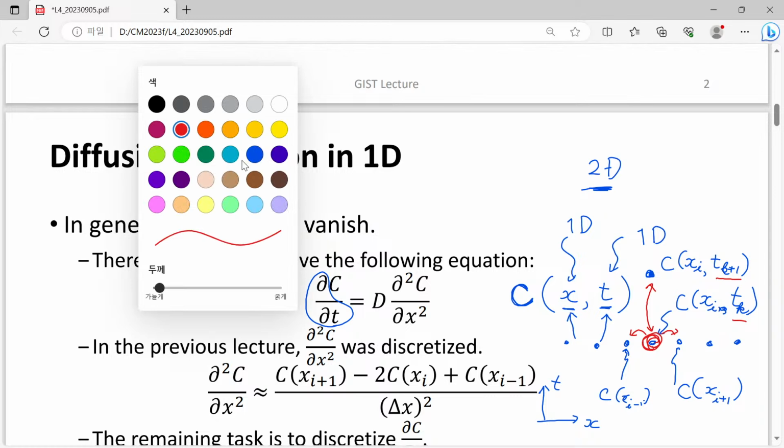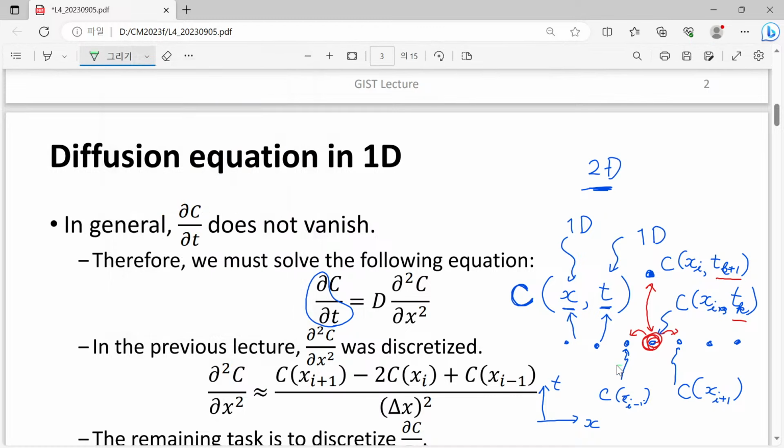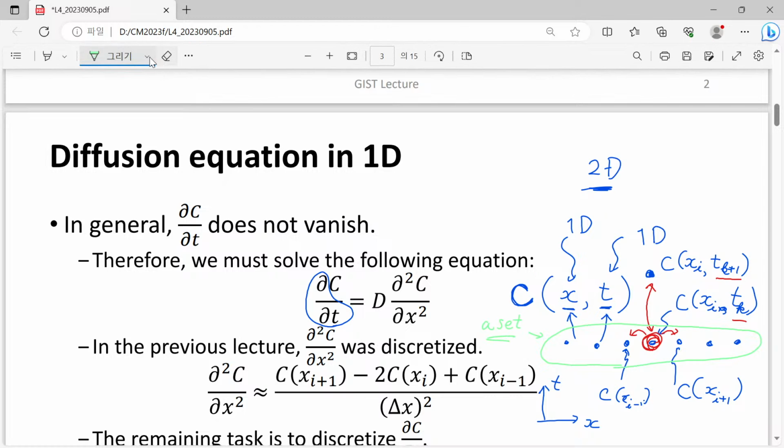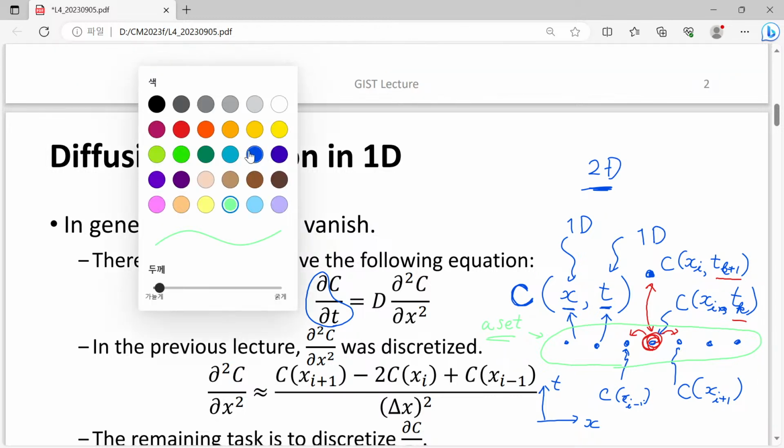But usually when we solve this kind of problem, our assumption is that we will just solve these quantities as a whole. So this is one set of unknown variables, and also we can find a different set.